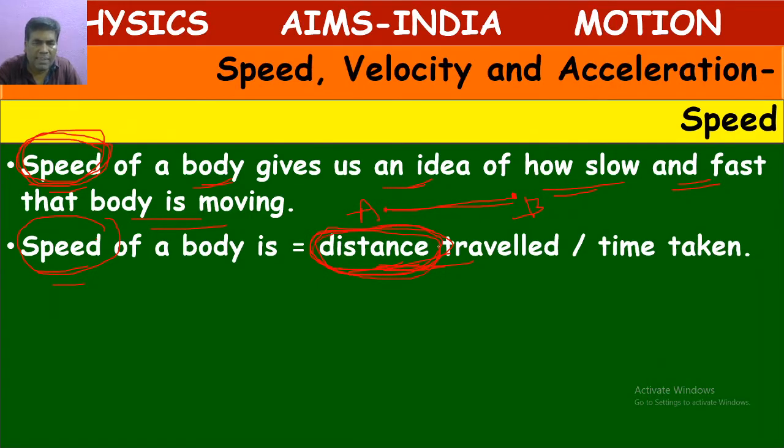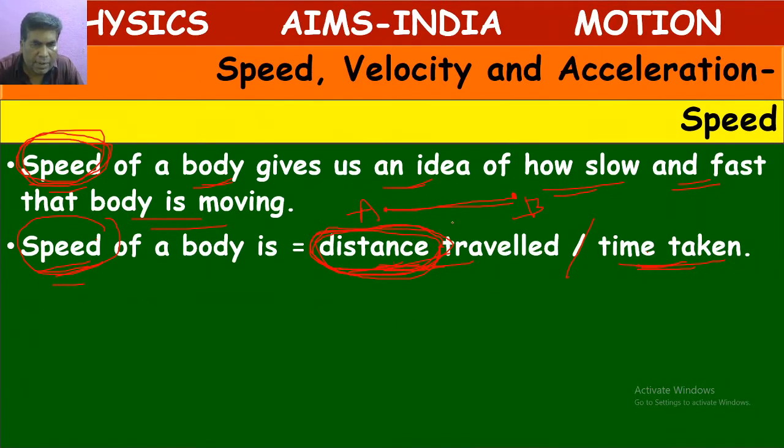For traveling this distance, I will take some time. The ratio of this distance to time is called speed. So speed is a ratio. Ratio of what? How much distance we have traveled and how much time we have taken. That ratio is called speed.